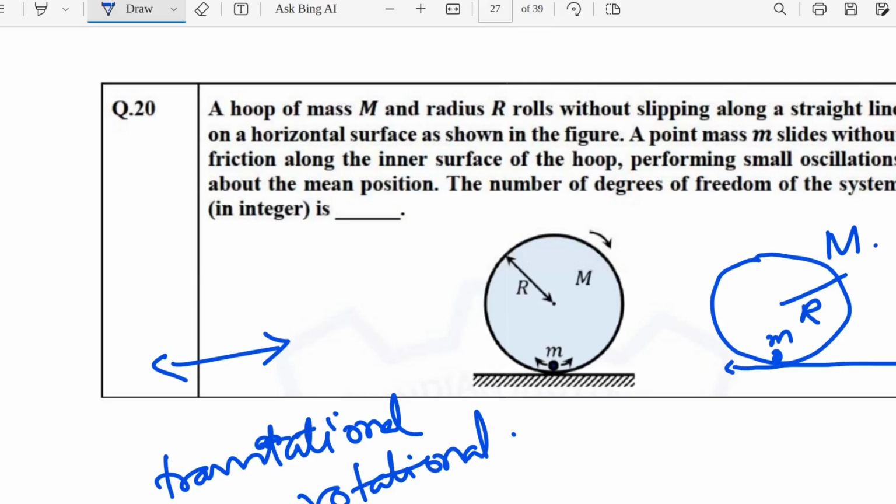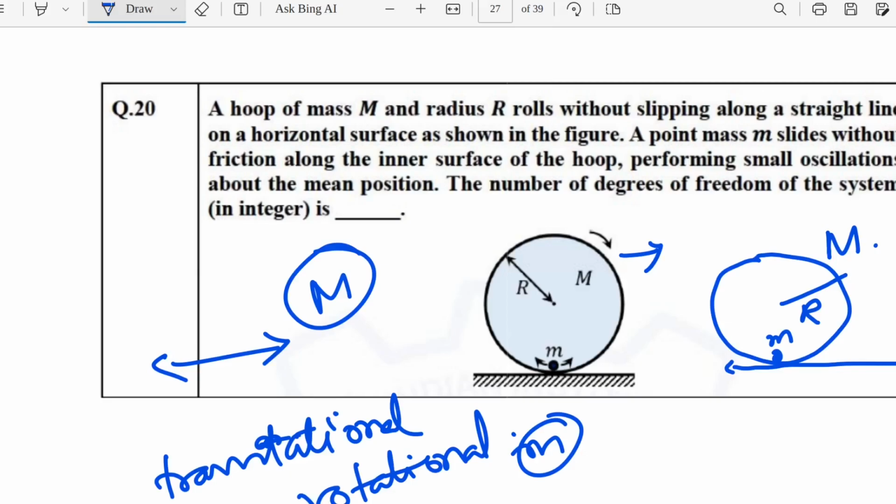You can see here that this one is fully rotational, which is capital M, and the small m is fully translational, because you can see the point mass m slides without friction. There is no friction, so if there is some friction then there will be some constraint, but there is no friction, so there will be no constraint from that frictional force.